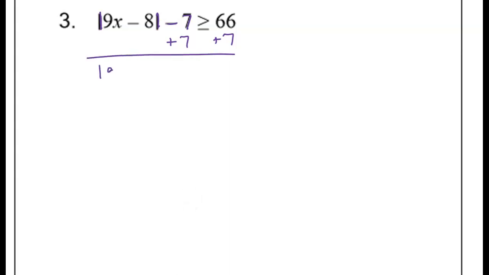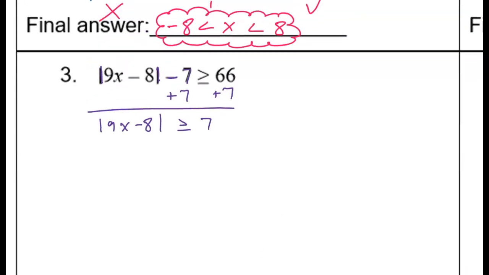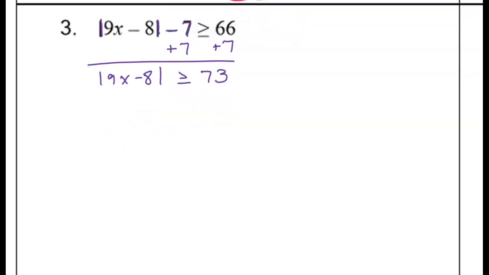So I have absolute value of 9x minus 8 is greater than or equal to 66 plus 7 gives us, sorry guys, 73. So now that I have my absolute value all by itself, now is when I can split it into the positive and negative.